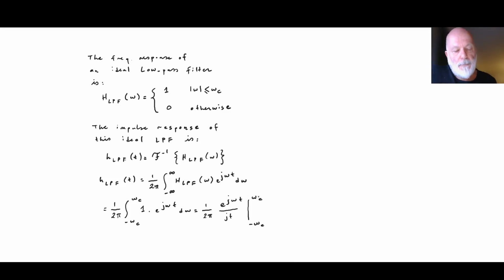So let me continue here. H LPF of t is equal to 1 over 2 pi times e to j omega c t minus e to minus j omega c t, divided by jt.